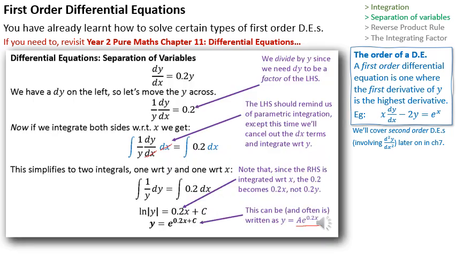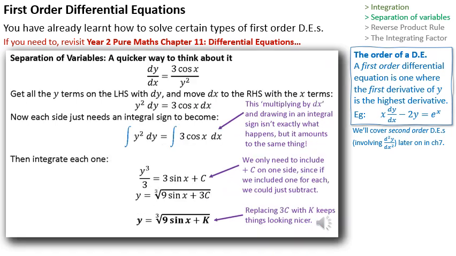So that was the method we worked through here, where you rewrite things so that everything involving y is on the same side and everything involving x is on the other side, including the dy on the side with the y's and the dx on the side with the x's. Once you've done that, you can integrate both sides effectively with respect to whatever the thing is that you've got on that side. We looked at a slightly more efficient way of thinking about it, because in reality you're not multiplying by dx so much as integrating with respect to x, but it works out to give the same thing.